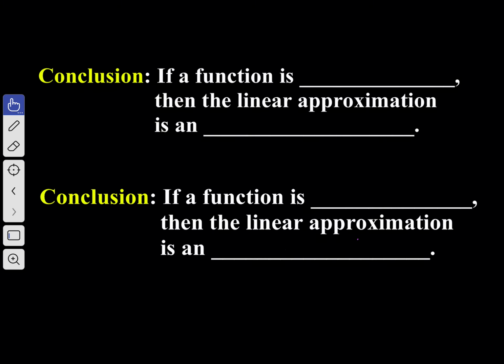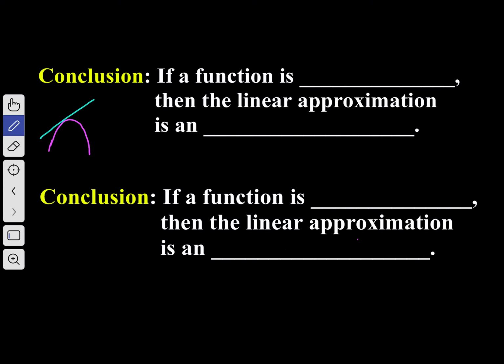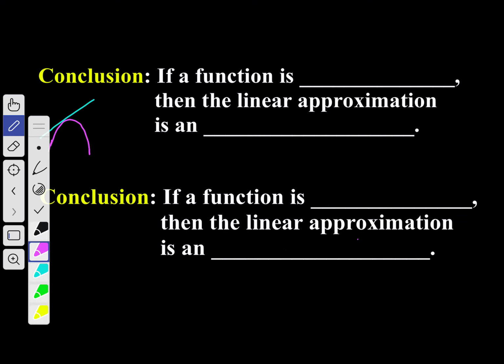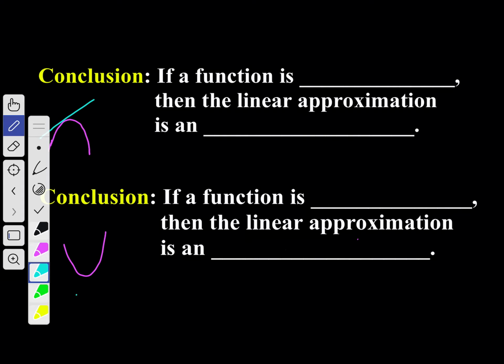So in conclusion, and we really haven't talked about this much, what was the first x value? 0.5. At 0.5, our graph was doing this, and so our tangent line was above it. I don't remember how I drew it, but roughly that's what it looks like. And then at 3, our graph was doing this, so our tangent line was below it.